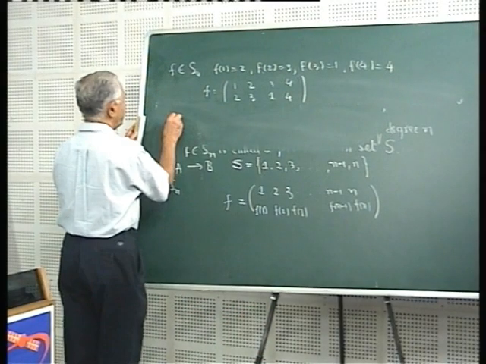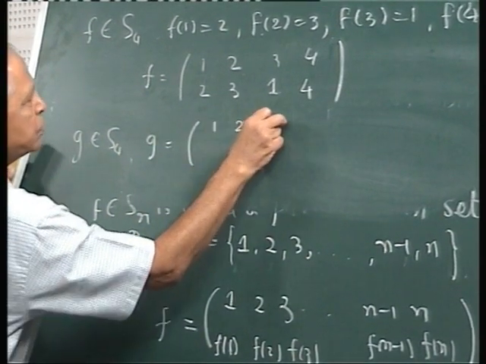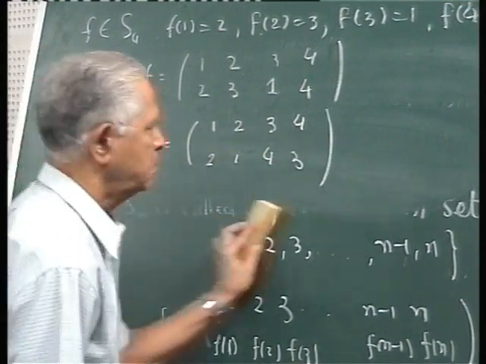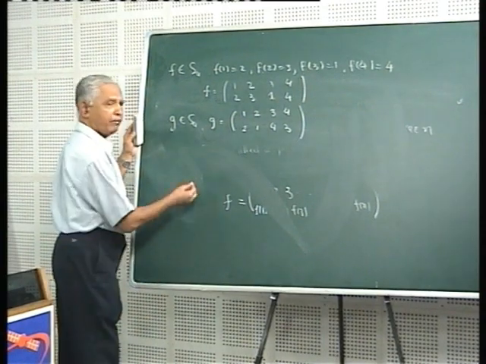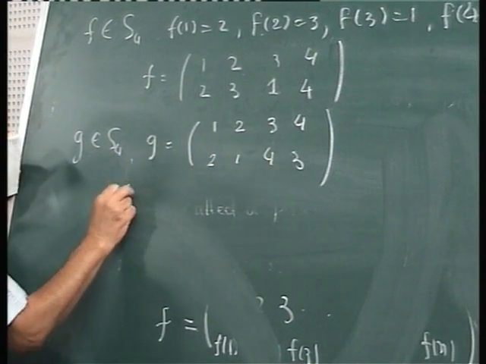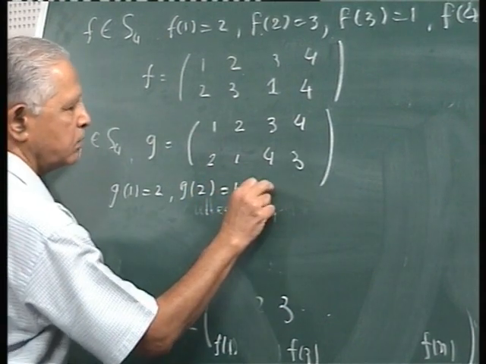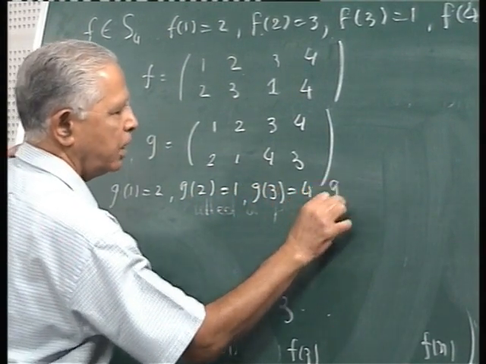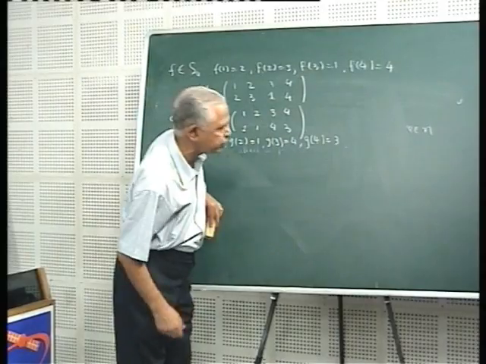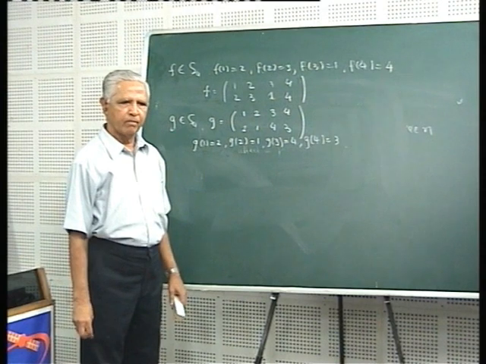Conversely, suppose g belongs to S_4 and g is 1, 2, 3, 4 over 2, 1, 4, 3. Then function g is defined from set S to S and g(1) is equal to 2, g(2) is equal to 1, g(3) is equal to 4 and the value of g at 4 is equal to 3. Now this representation is very useful in obtaining the inverse and composition of mappings.